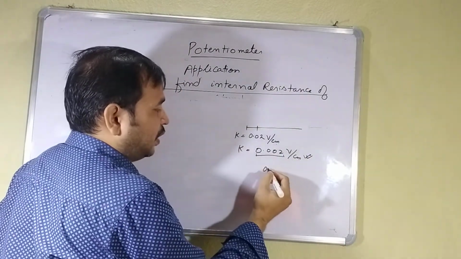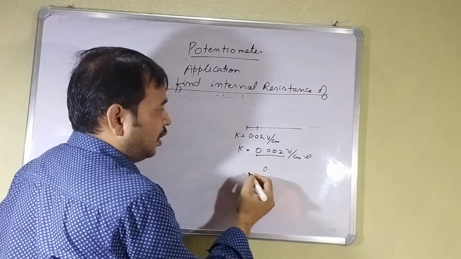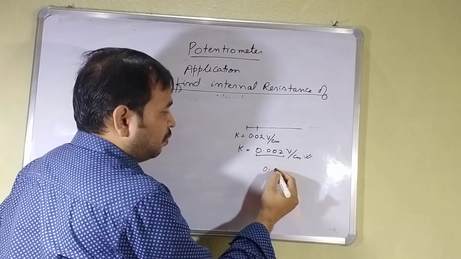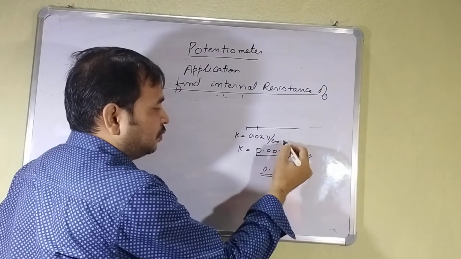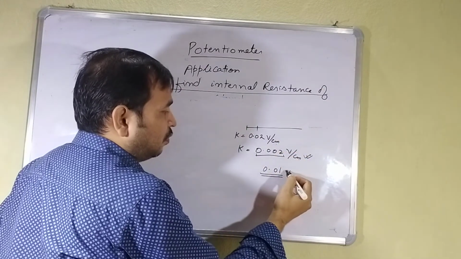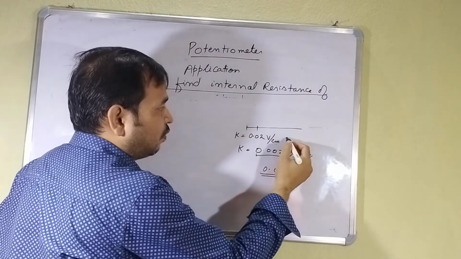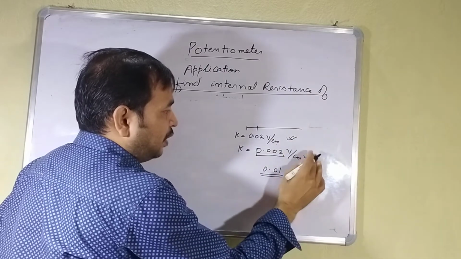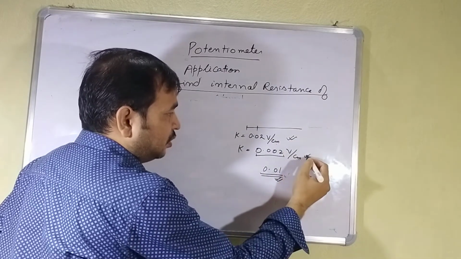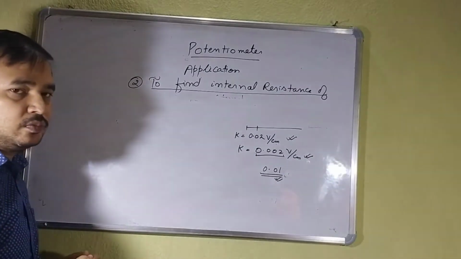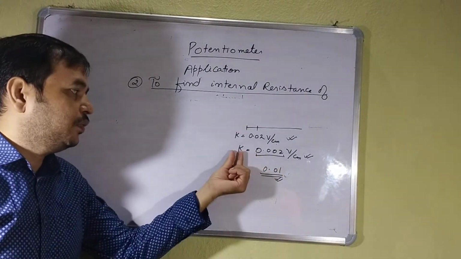For example, suppose I want you to tell whether you can measure 0.01. You can tell that we cannot measure 0.01 from this one, but we can measure this small potential drop by this potentiometer, because its K value is very small.